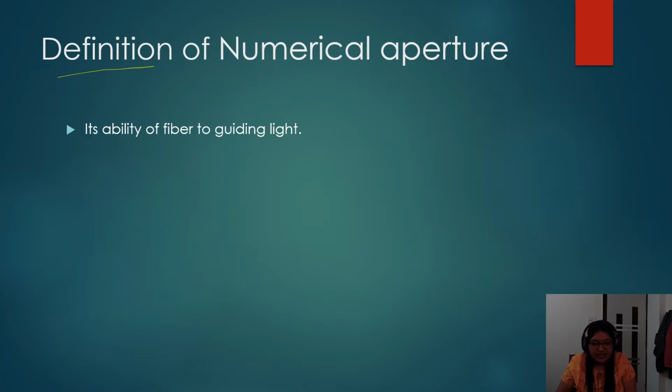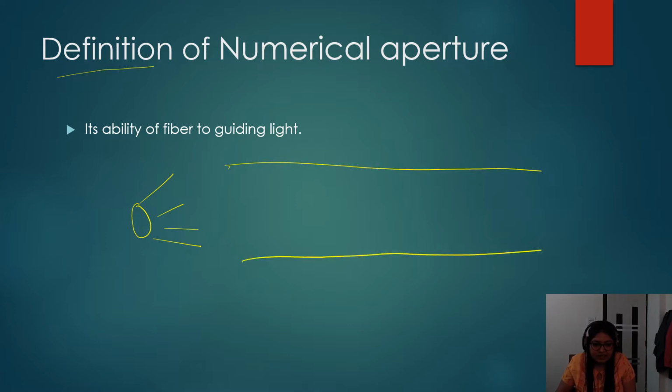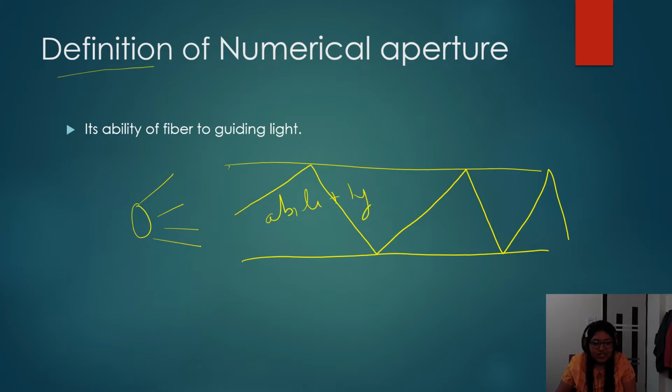That means if we have a light source which produces light, and this is a channel, the light has to travel within the channel only. So this is a measurement of how much light can be guided through a fiber. This is nothing but numerical aperture.